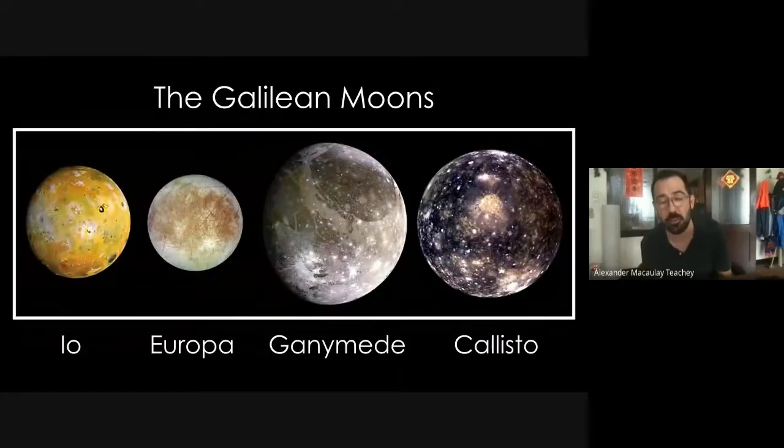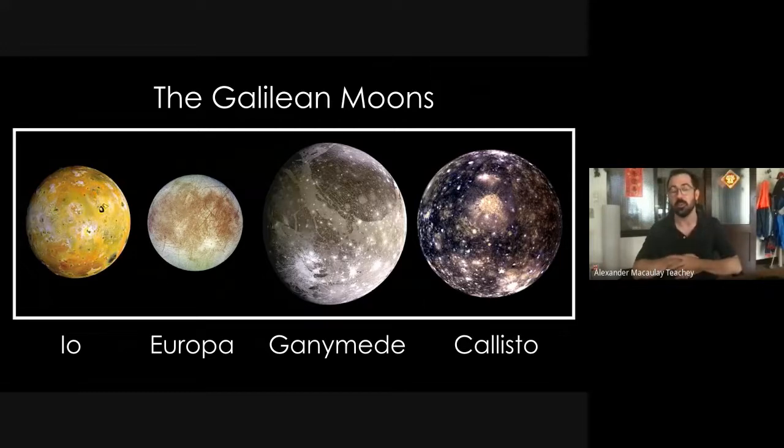Here's a close-up look of those Galilean moons, the 4 moons that Galileo discovered all the way back in 1610. Now we can see them close up. This is Io, the innermost moon of Jupiter, covered in volcanoes spewing out sulfur. Europa, Ganymede, and Callisto, these are icy worlds. Europa in particular is a very exciting place.